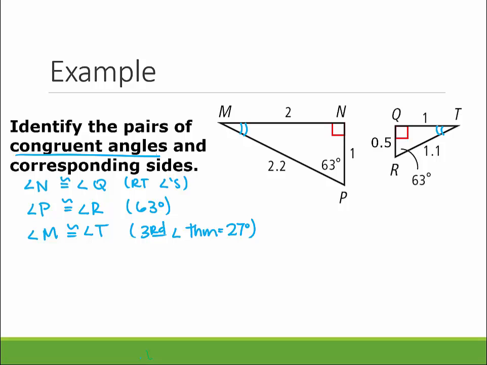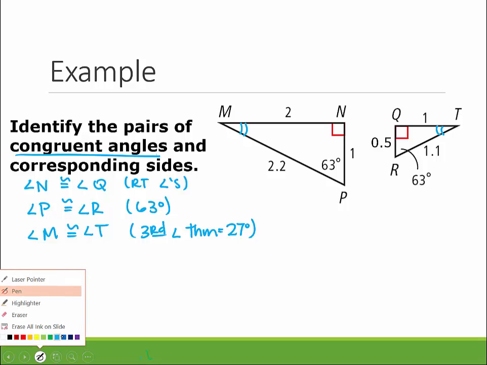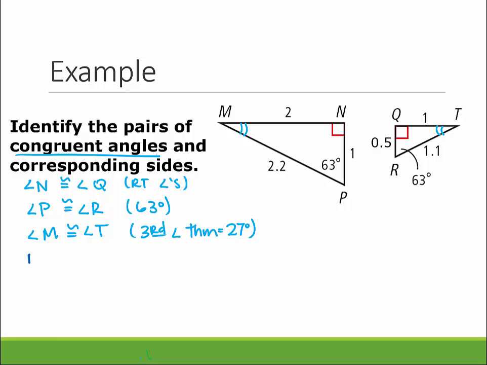So the next thing we have to do is talk about the corresponding sides. So that means MN has to match up with QT, and NP has to match up with QR, and then PM divided by RT should give us the same thing.